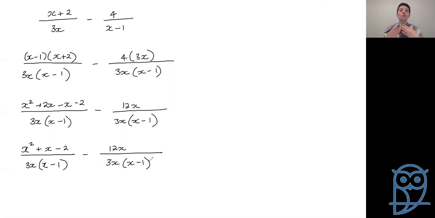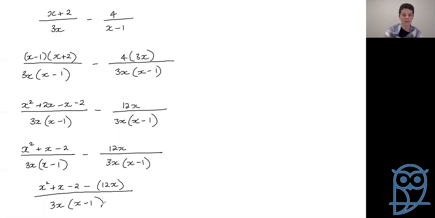Now we're ready to combine. We're going to insert that bracket to keep that second numerator safe. So x squared plus x minus 2 minus 12x. And even though it's only one term on top of that second fraction, we do that bracket to keep that habit. We build good habits, then we don't have to worry about it in our exam. 3x, x minus 1.